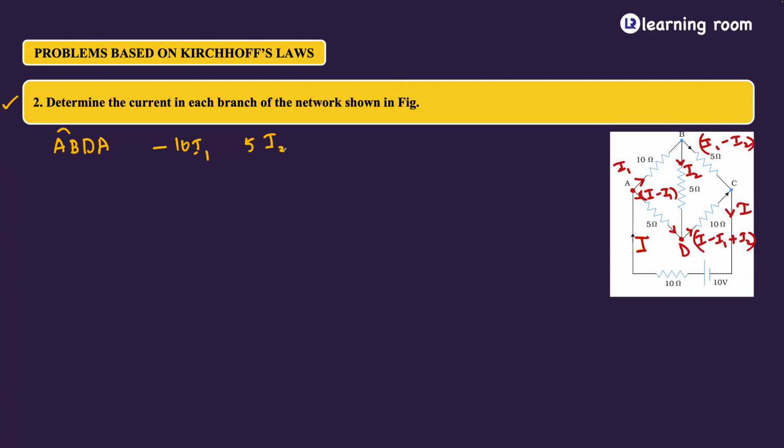Since you're again walking in the direction of current, write it as minus. D to A, it is going to be 5 into I minus I1. Since you're walking in the direction opposite the current, take a plus sign. This whole thing should sum up to 0. Make sense? So this is one loop.